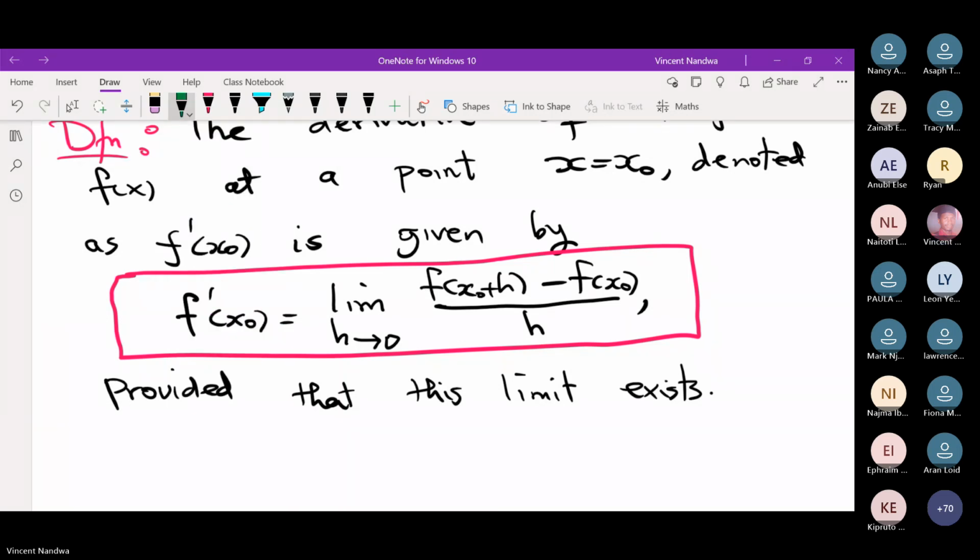Another definition, now a general definition of a derivative for any given value of x.